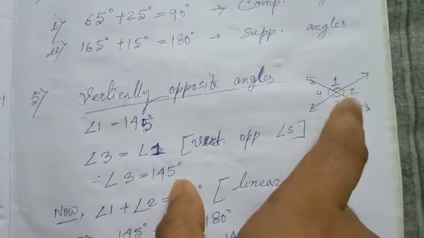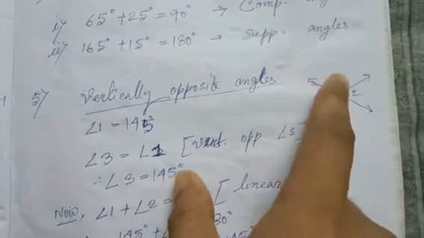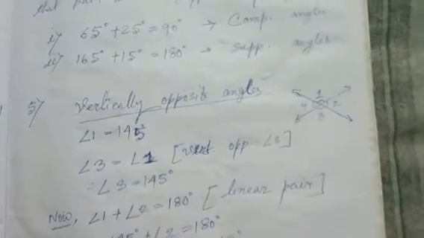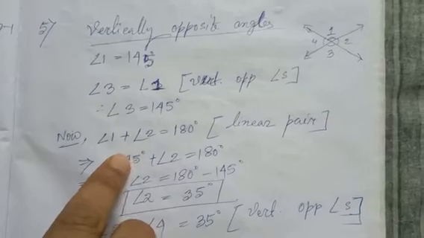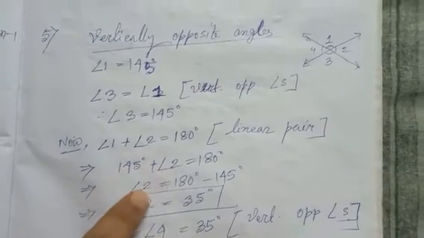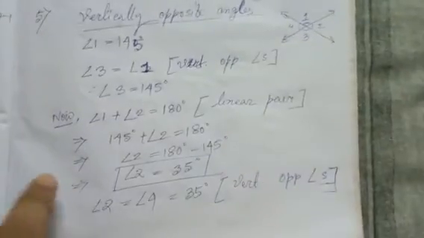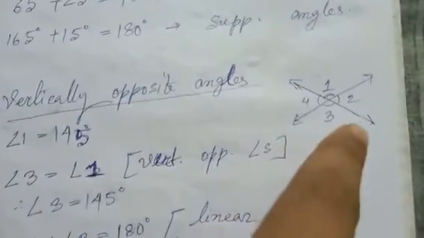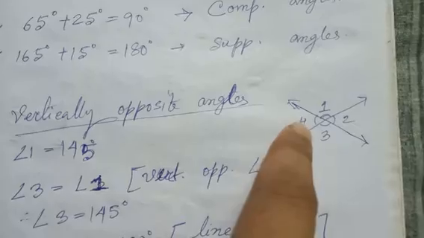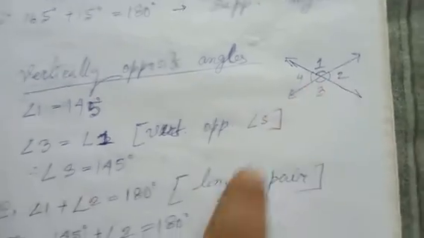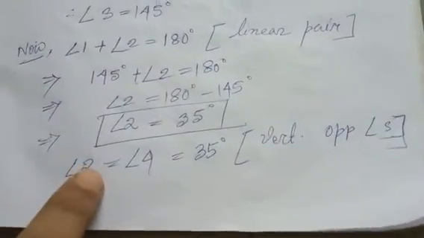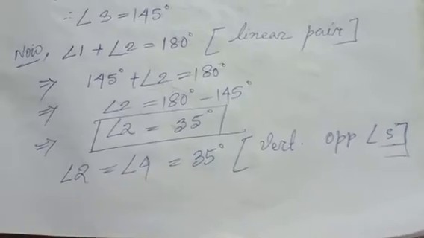So angle 1 and angle 2 make 180 degrees, which is called a linear pair. Put the value of angle 1, then we get angle 2 equal to 35 degrees, and angle 2 equals angle 4, because this is also a vertically opposite angle. Therefore angle 2 equals angle 4 equals 35 degrees.